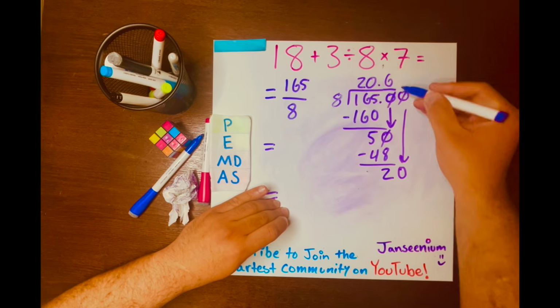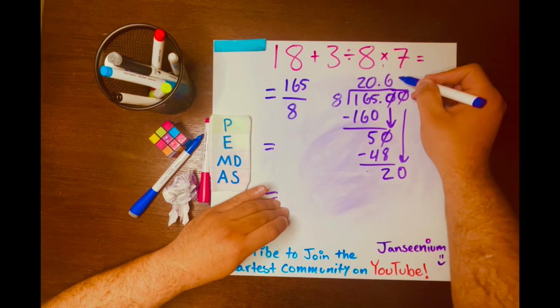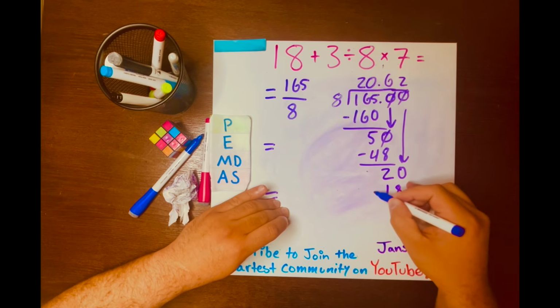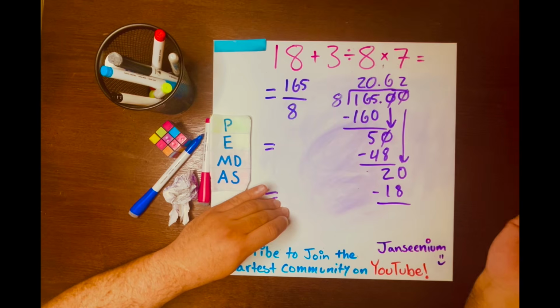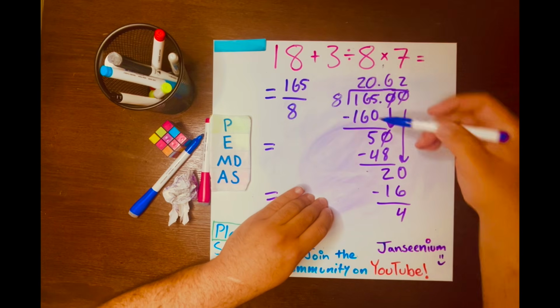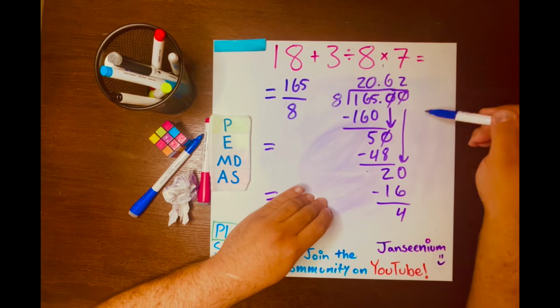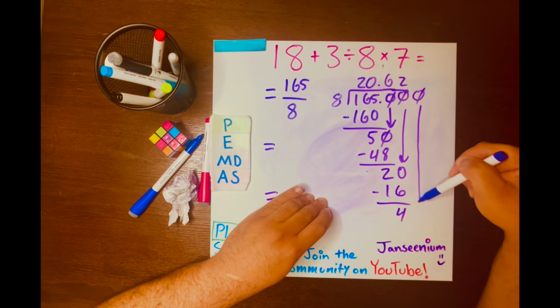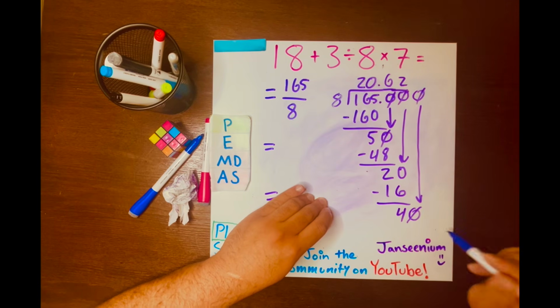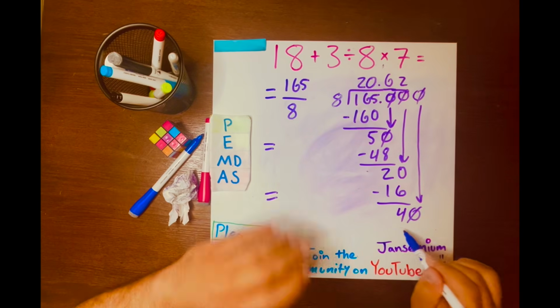You can fit 8 into 20 twice, and 8 times 2 or 2 times 8 is 18, right? Wrong, 16. It's tricky. 20 minus 16 is 4, and you cannot fit 8 into 4, so the 4 needs to borrow a 0, and the 4 becomes 40.